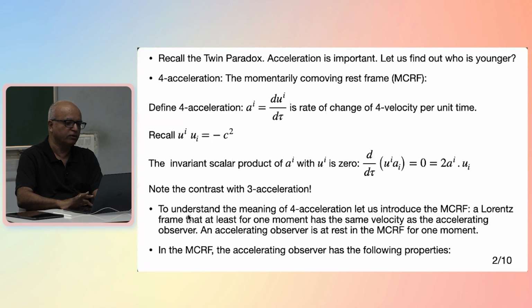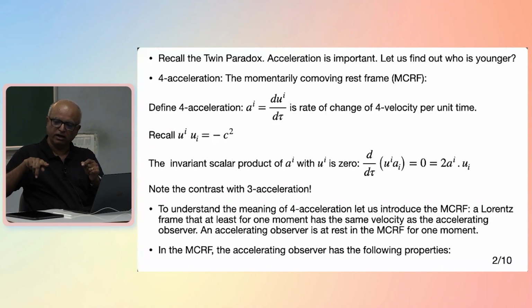To understand the meaning of 4-acceleration, let us introduce the momentarily co-moving rest frame, a Lorentz frame that at least for one moment has the same velocity as the accelerating observer. An accelerating observer is at rest in the MCRF for one moment. What does it mean? I start from here, I am accelerating, my speed is changing.